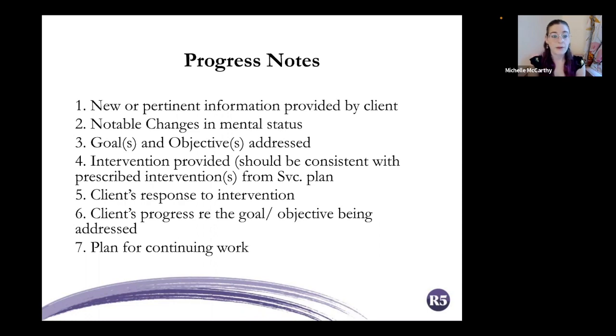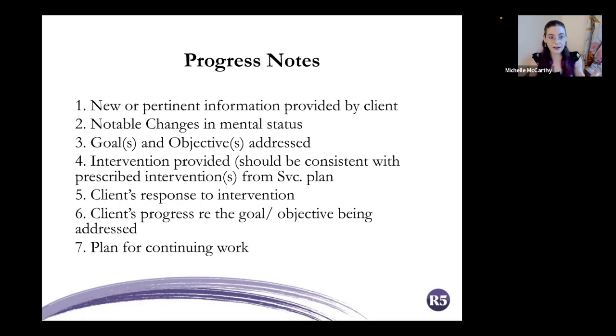So if there's new or really pertinent information that the client provides, if there's notable significant changes in their mental status from session to session, what goals and objectives we addressed, because in some way, shape, or form, we should be addressing a goal or objective. Interventions that we provided, right? What did we actually do? And then how did the client respond to what we did?